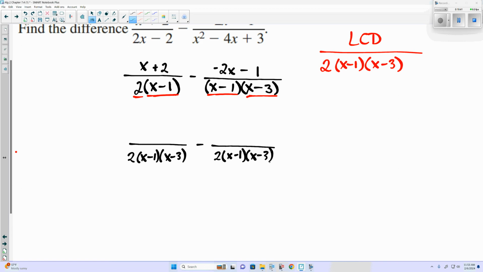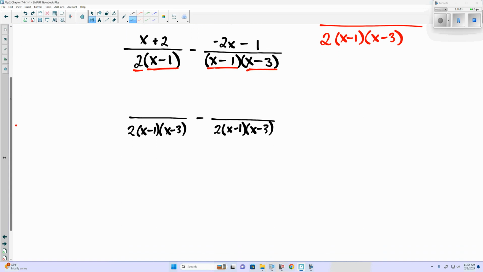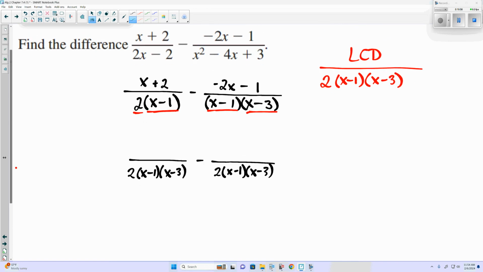Because for us to be able to add or subtract, these have to be the same. They have to be the same for us to be able to add or subtract these. Okay. Questions on this so far? Questions on anything we've done? Now, to get them to be the same, we do have to multiply both of these by something.